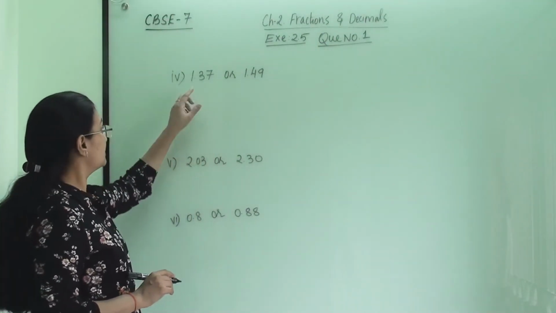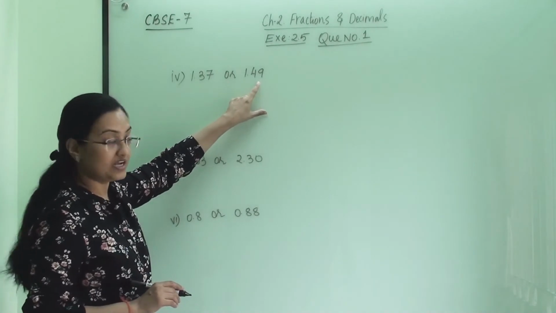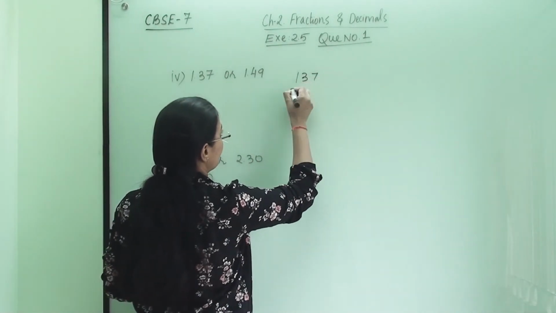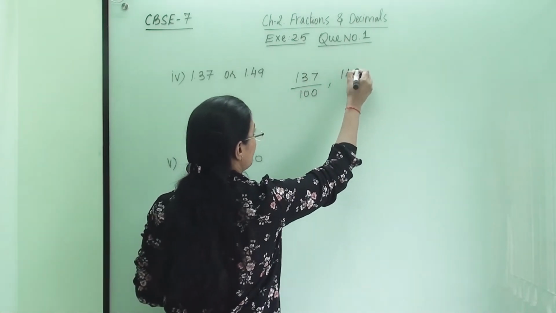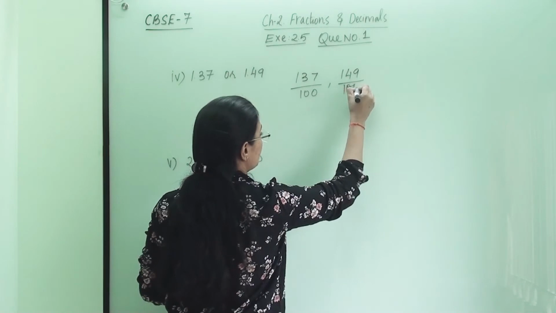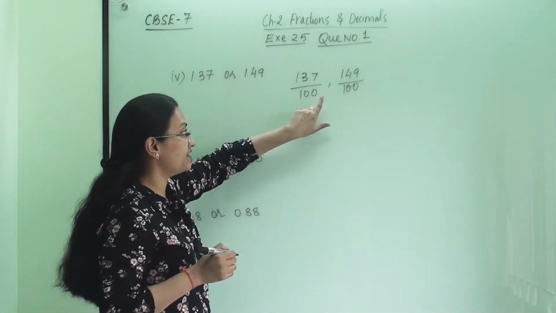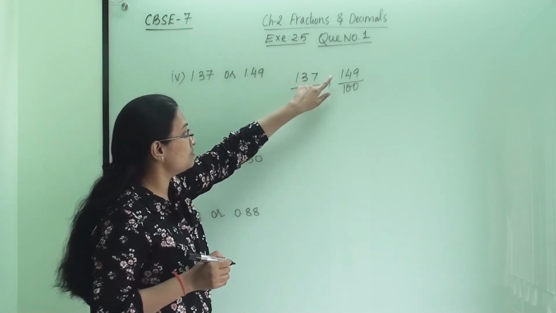The fourth numerical: 1.37 or 1.49. Here it is 137 over 100 and 149 over 100. So both have 100 in their denominator. Let us check which number is greater.